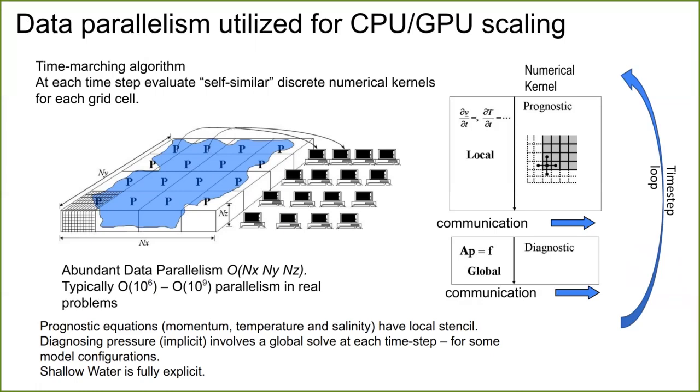But when you're determining things like the pressure, which is crucial in these sorts of calculations, it's diagnostic and global because you need to know the value of the fields everywhere. And that is something which makes things very complicated. It's not contained in the shallow water model, but it is necessarily contained in the other two models.